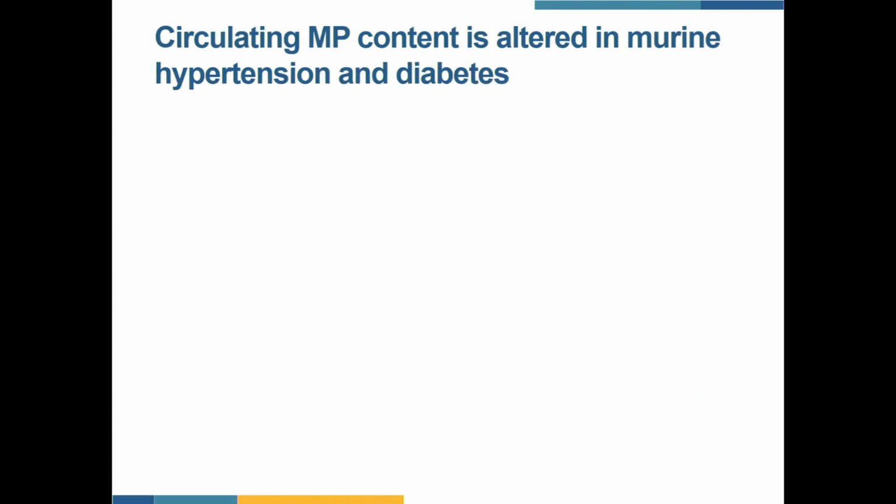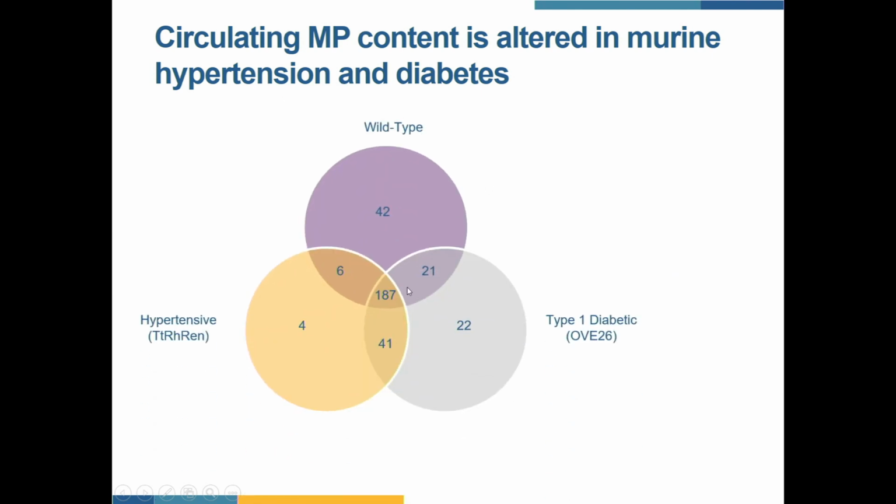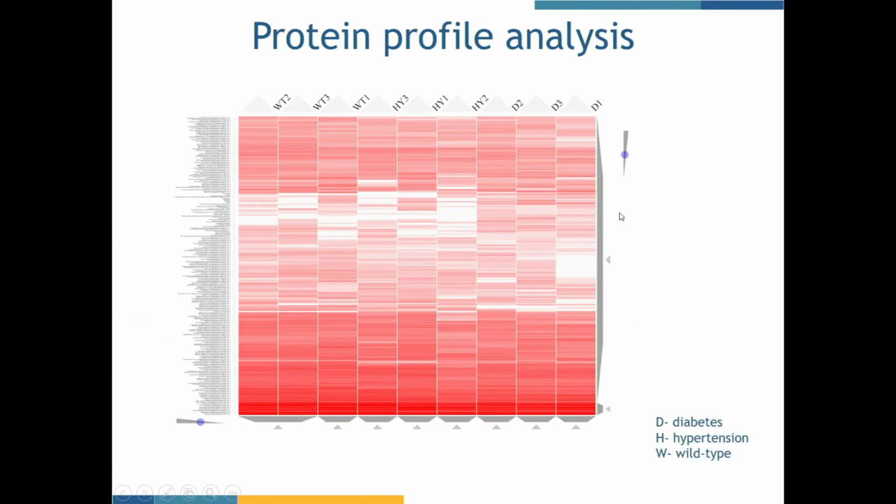We've also gone on to start to look at this in vivo. So we've isolated microparticles from healthy mice, hypertensive mice, and diabetic mice here. And again, we get a segregation of proteins to the various conditions, with some being exclusively found in diabetes, some being exclusively found in hypertension, and then those that are found in multiple disease conditions.